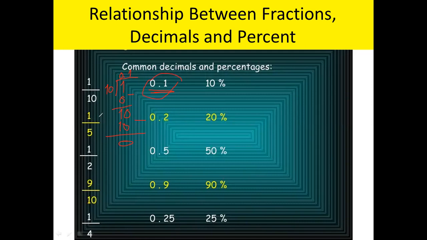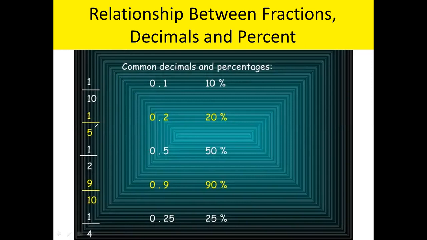Second example, you have there 1/5. How do we convert this into a decimal? We can divide, and we can even identify the relationship by having a denominator of 10, 100, or 1000 so that we can convert it into decimal.